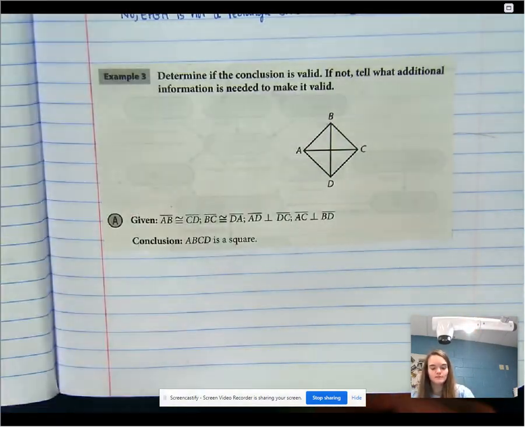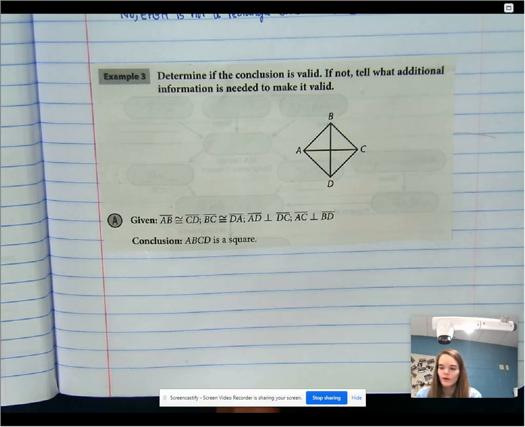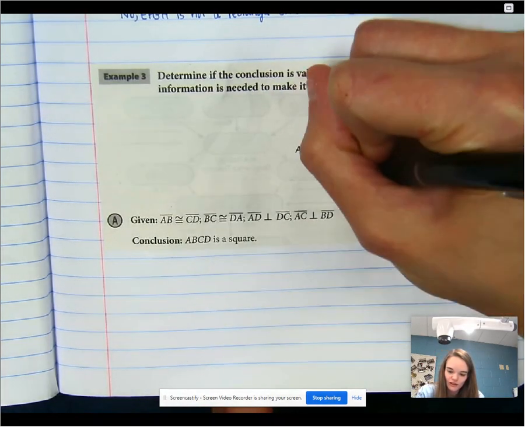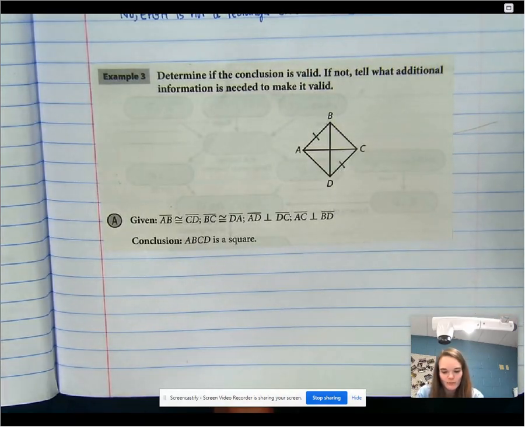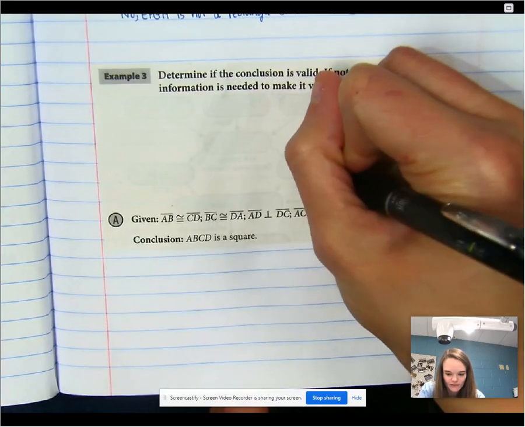All right, example 3. Determine if the conclusion is valid. If not, tell what additional information is needed to make it valid. Here's what we know. AB is congruent to CD. BC is congruent to DA.